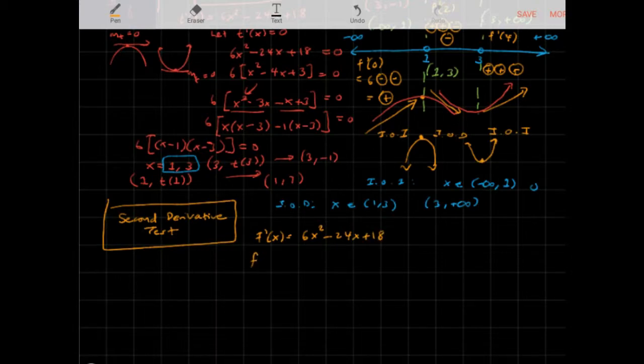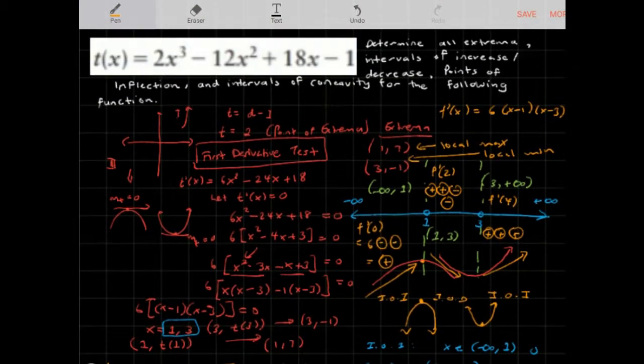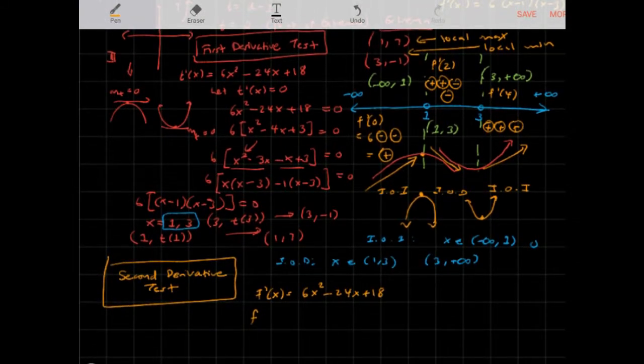Instead of using f, I should have used t, but it's really the same thing, so let's be consistent. So t prime of x was 6x squared minus 24x plus 18. So t double prime of x, the derivative of your first derivative, is equal to 12x minus 24.